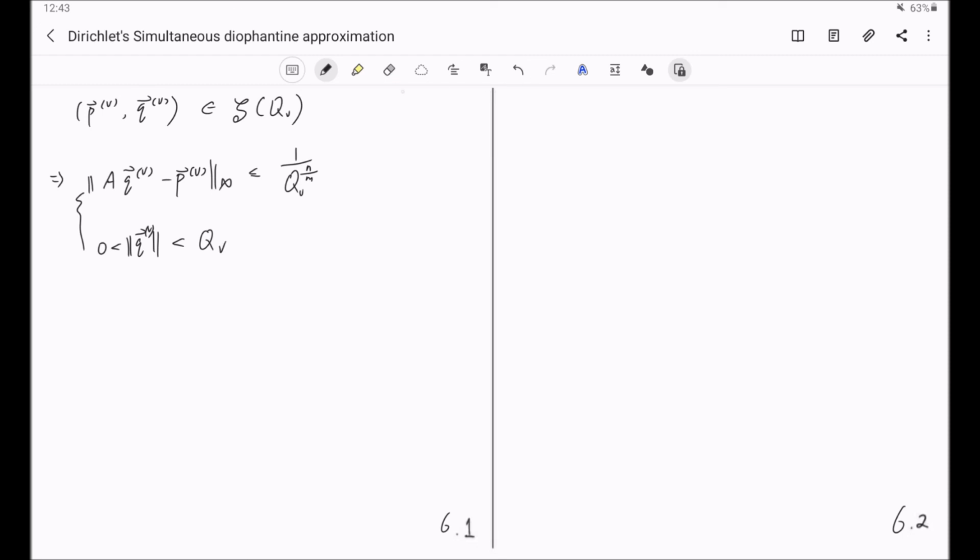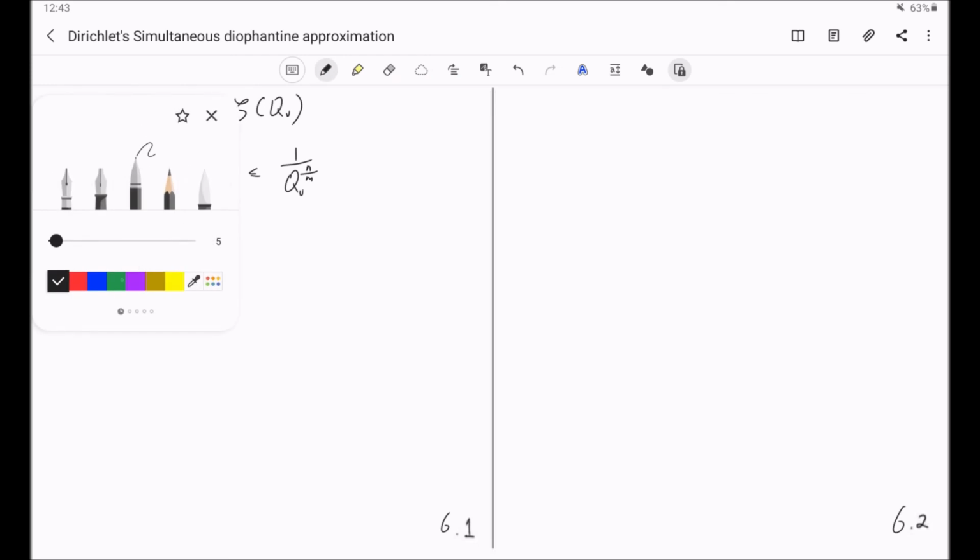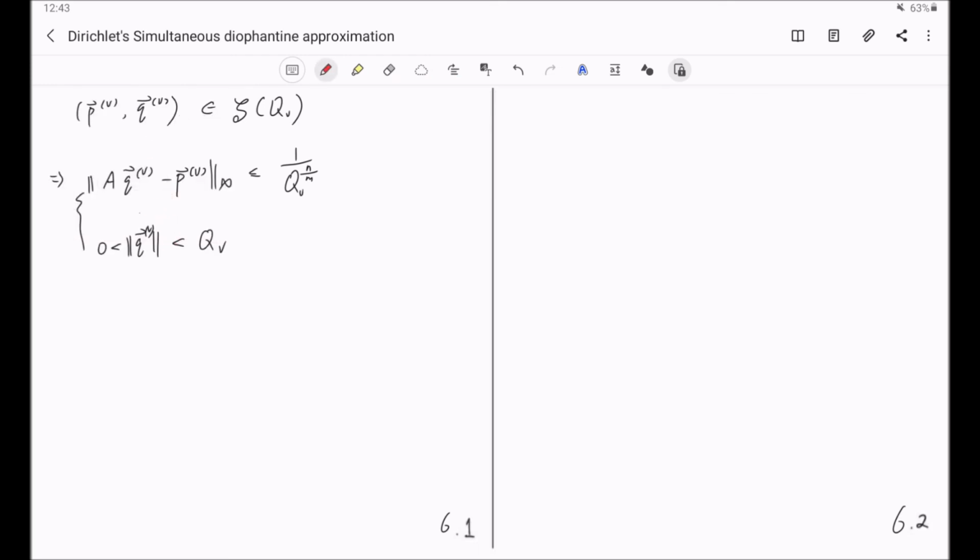So the second part will imply that this is strictly less than 1 over the norm of QB raised to the power n over m. And finally, we proved the third statement and thus the whole theorem.